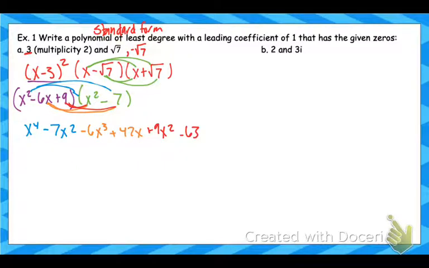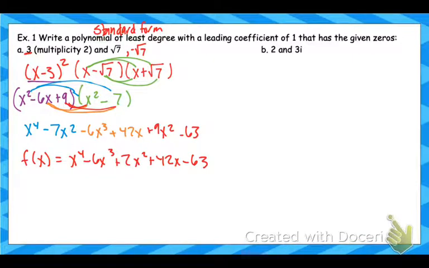Combine like terms, write our exponents in order from biggest to smallest, and this is a function, so I'm going to say f of x equals x to the 4th minus 6x cubed plus 2x squared plus 42x minus 63. All right, very similar in the next one, except we're dealing with imaginary.